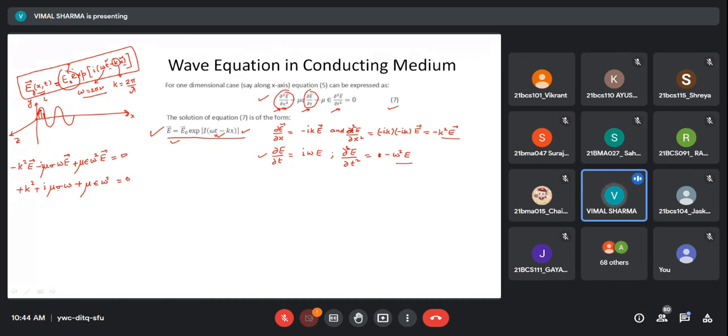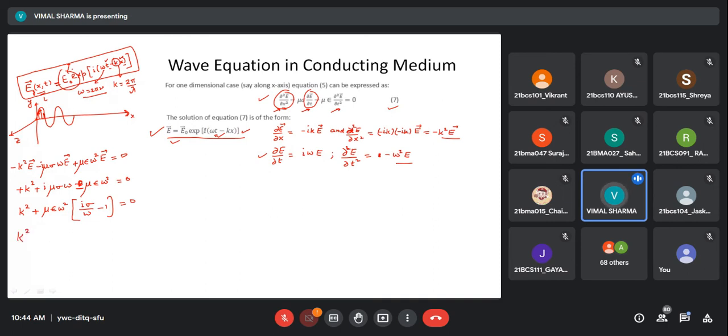We can invert these signs by multiplying by a negative sign. So I can write k square, and I can take mu epsilon omega square common, leaving i sigma divided by omega minus 1 equals 0.